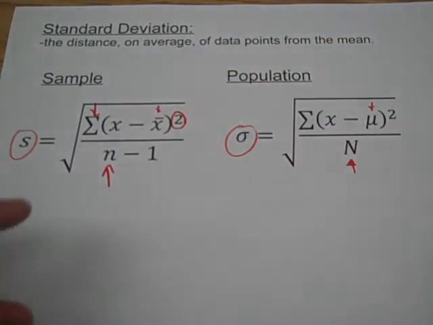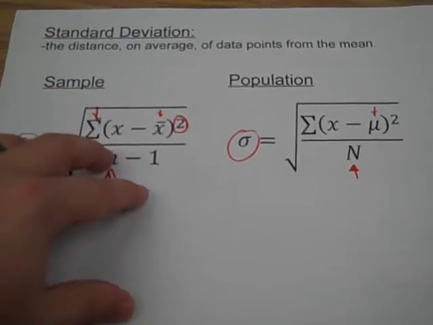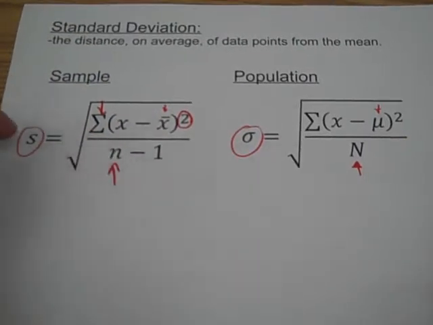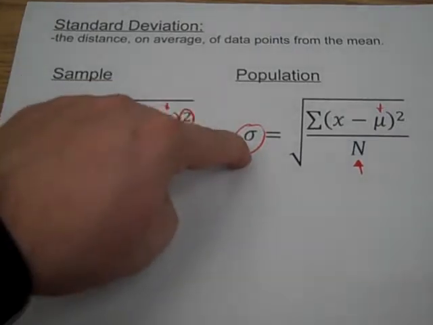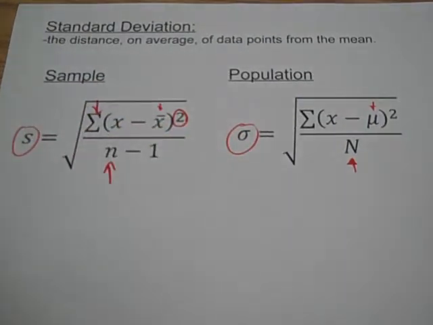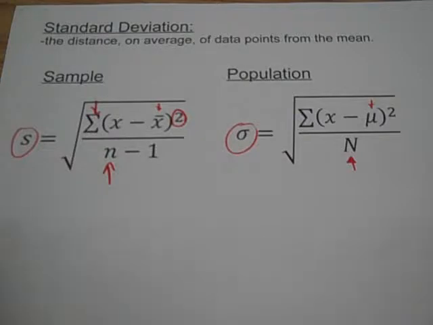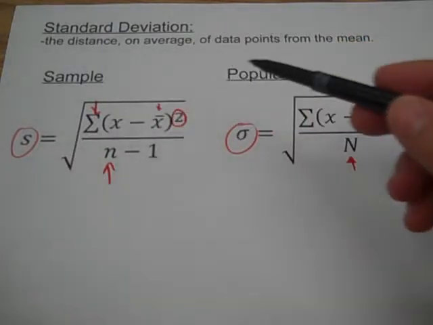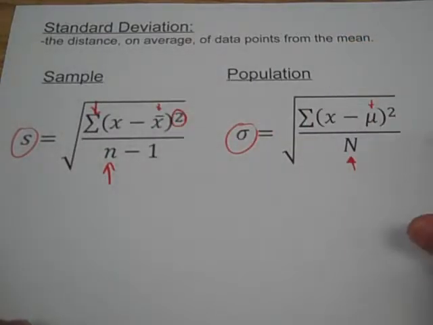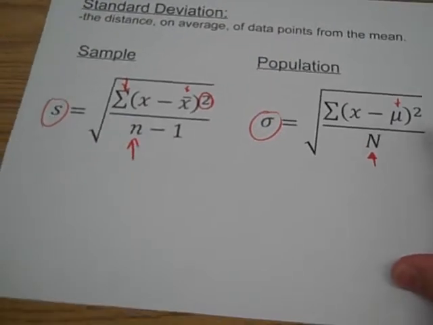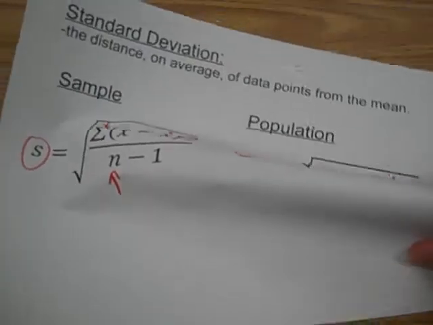So when you calculate standard deviation in the calculator, you're going to get an S value and a sigma value. You have to choose which is appropriate based on whether it's a sample or a population. And you'll notice that the S value is always going to be bigger because we divided by a smaller number. That will make more sense when I show you in one second with these calculations.